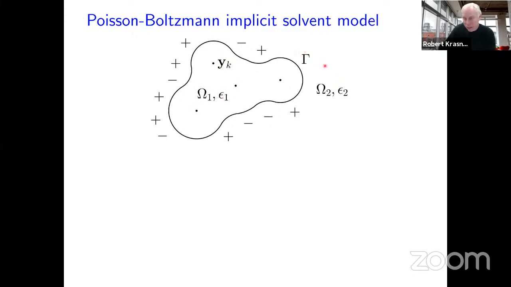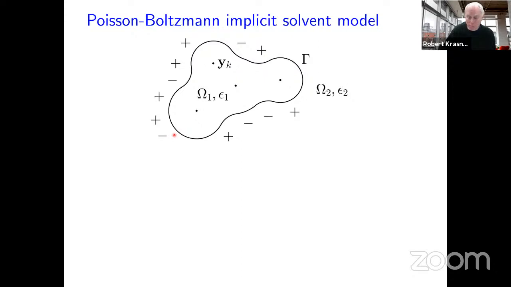The solvent domain, the exterior, we call omega-2, with another dielectric constant epsilon-2. And gamma, the molecular surface, we're going to choose the solvent excluded surface for the interface. And we have mobile ions in the solvent. So this is the physical picture.